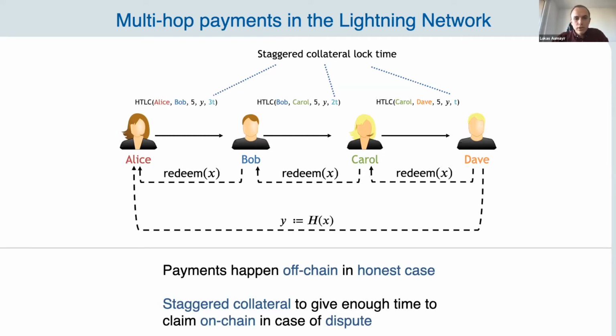And in order to ensure that the intermediaries have enough time to react to such a claim in their right channel, we need to increase the timeout of the HTLC in their left channel. And here, as you can see in this picture, the timing grows from T to 2T and to 3T.